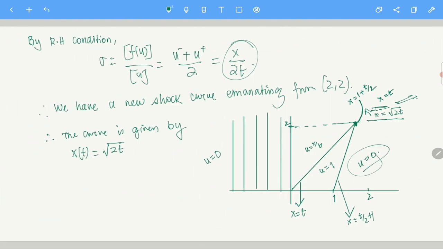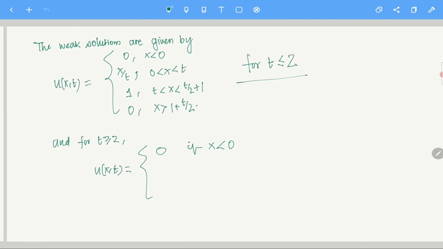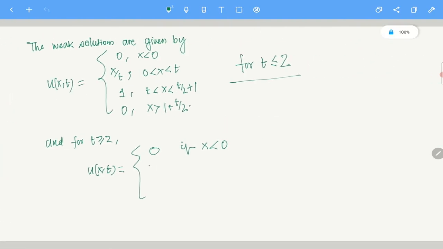That's not a problem. And u is x by t in this part, if 0 is less than x less than root 2t, and it is again 0 if x is greater than root 2t. I hope this is clear to you.